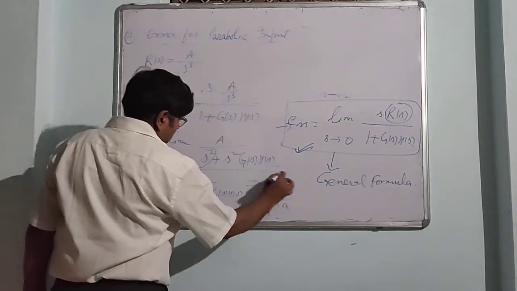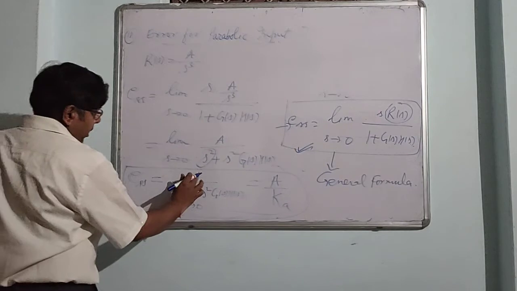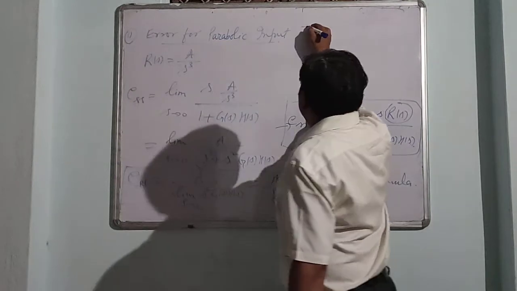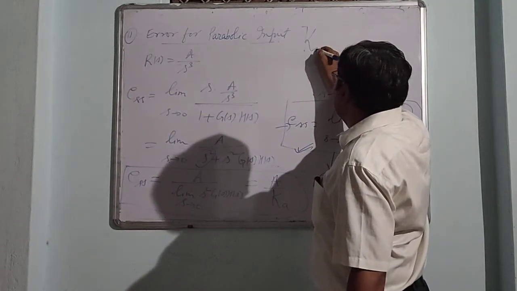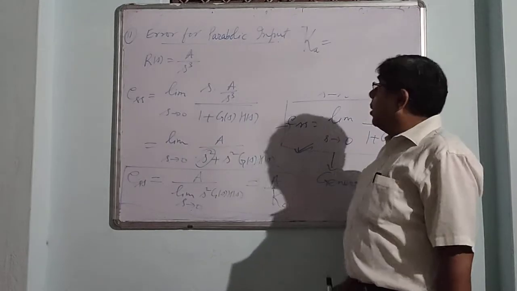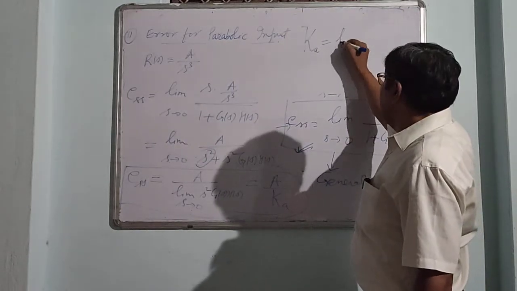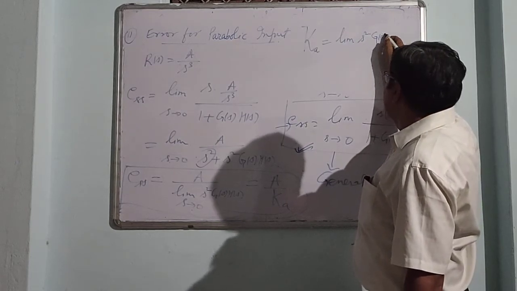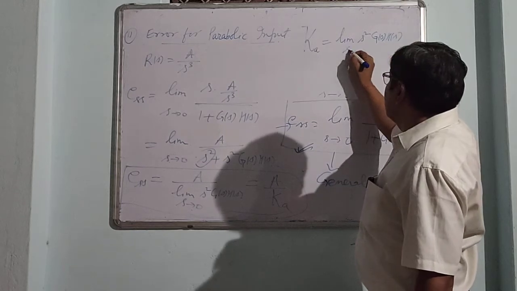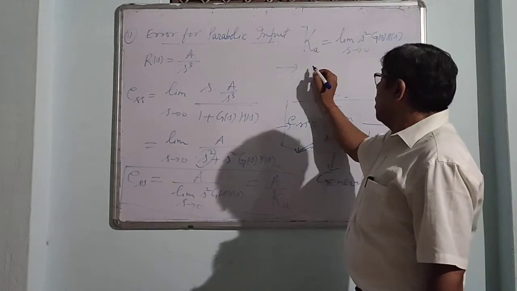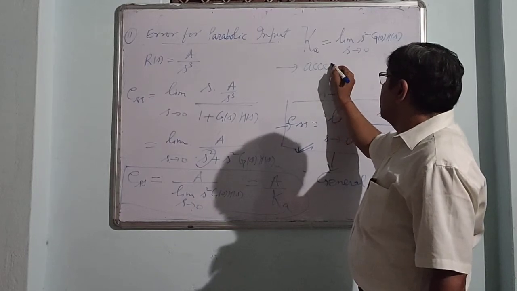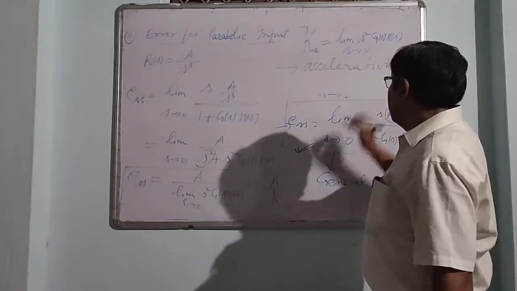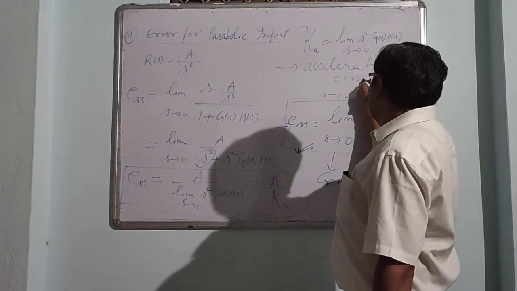So this is the general expression for steady state error, where Ka is given by the limiting value of this, and it is called acceleration error coefficient.